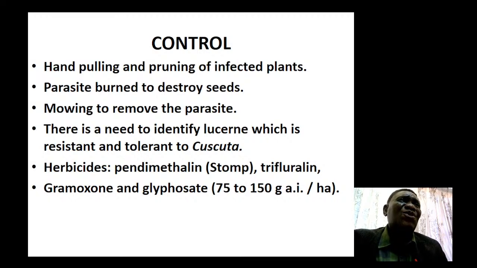Now, on the control measures, you can see with the shoot parasites, it's very challenging. If you want to control the parasite, you might as well destroy your crop. So hand pulling and pruning of infected plants, you might have to lose a few plants.